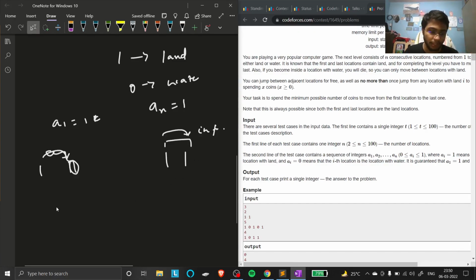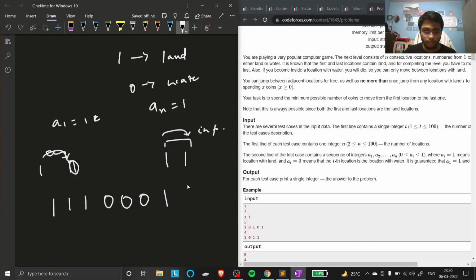What does this mean? Say the array is 1 1 0 0 0 1, and so on. You will jump from here to here, spending 0 coins.